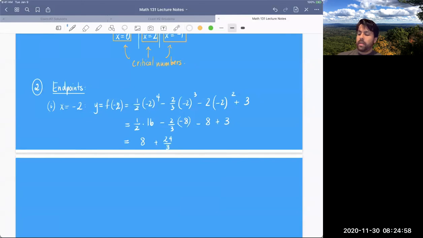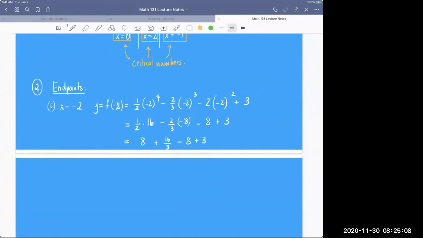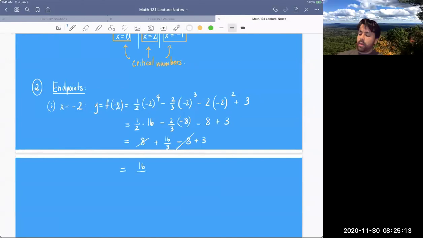No, sorry, it's +16, and this would be -8 plus 3. The good thing is the -8 and the 8 cancel out. So I got 16/3 plus 3. If I write this as a single fraction, I can write the 3 as 9/3, which equals 25/3.